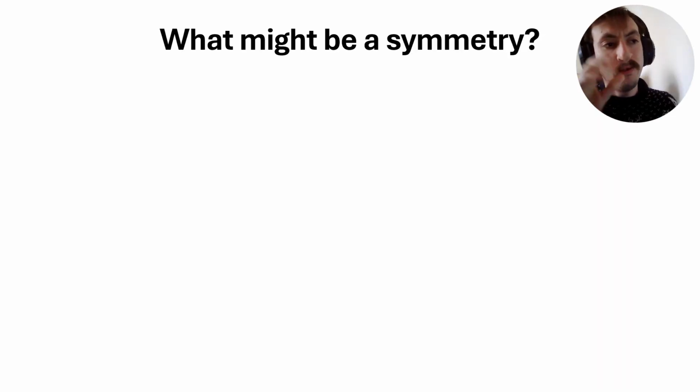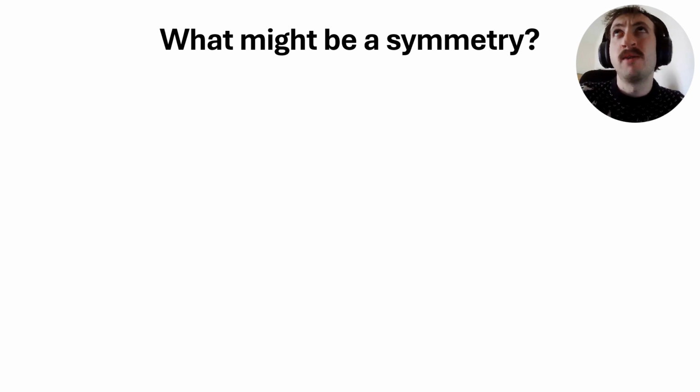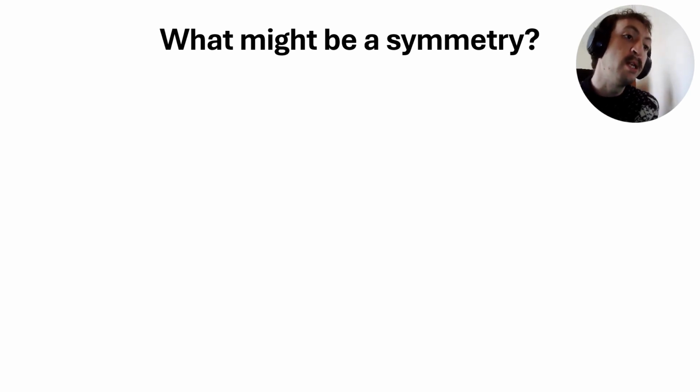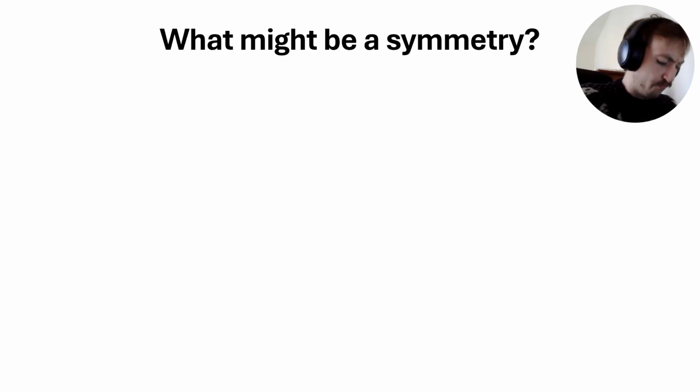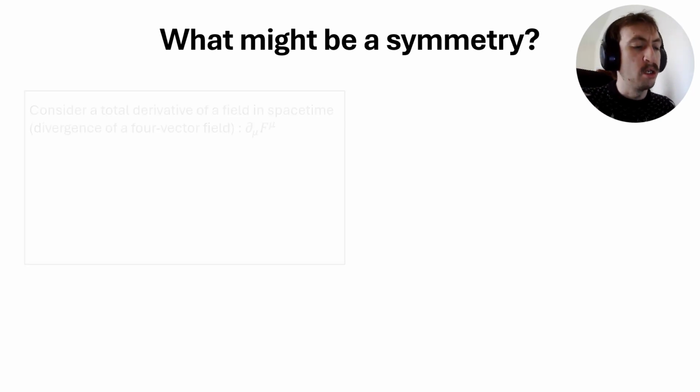Now, if you think that the action is an integral of some function over space-time, you might already be able to immediately guess how we could alter the function without changing the action, based on the idea of derivatives and integrals cancelling out. But it's worth going through in a bit of detail because this symmetry comes up a fair bit in physics.